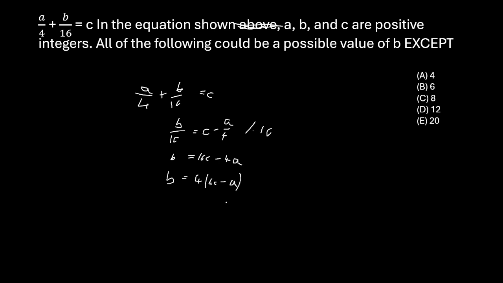And now we see that actually b is some multiple of 4. So b is divisible by 4. And if we see the values, 4, 6, 8, 12, 20, there's only 6 that isn't divisible by 4. So that is the value. 6 can't be the value of b.